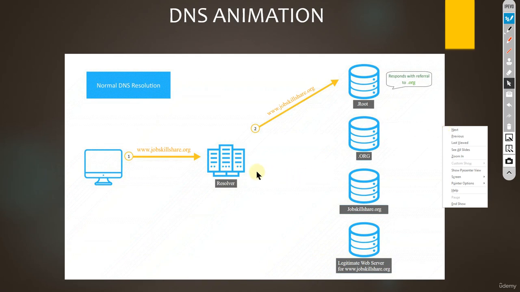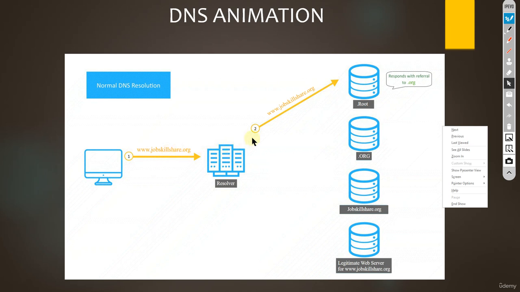The whole process that I was showing you earlier is happening here in animation form. So basically here is the client machine who is looking for what? www.jobskillshare.org, and here we have this DNS resolver who unfortunately couldn't find the public IP against this domain name. So what will happen?